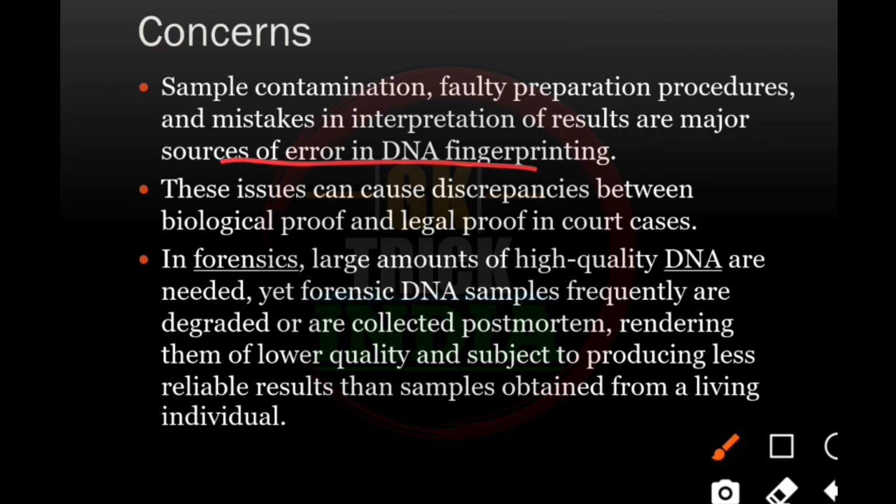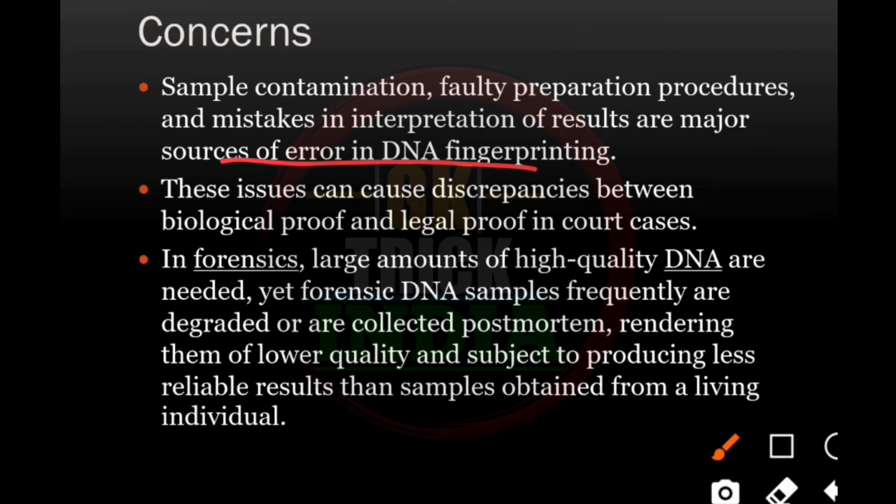In forensics, a large amount of high quality DNA is needed, yet forensic DNA samples are frequently degraded or collected post-mortem. So they are of lower quality and subject to producing less reliable results than samples obtained from living individuals. When we get samples from living individuals, we can get fresh, quality samples.